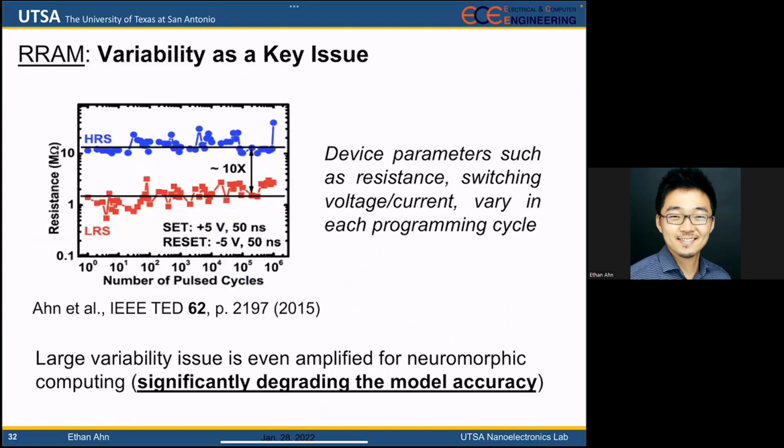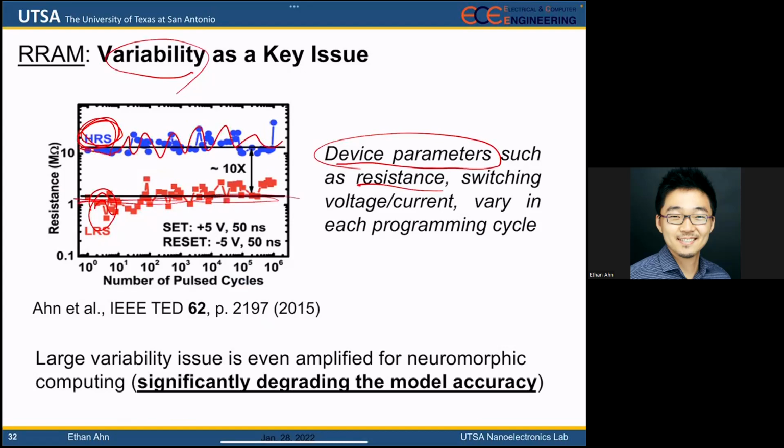All right, so here come some specific research projects that I'm doing right now. For neuromorphic computing, I'm looking into the aspect of variability. When you have these RRAM devices, these device parameters such as the resistance fluctuate a lot.